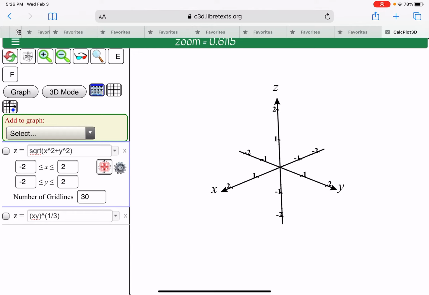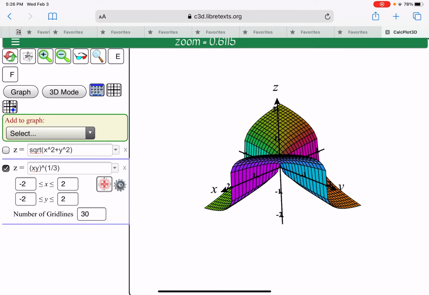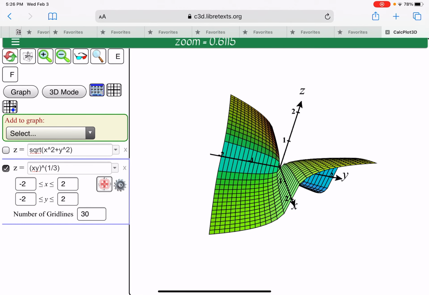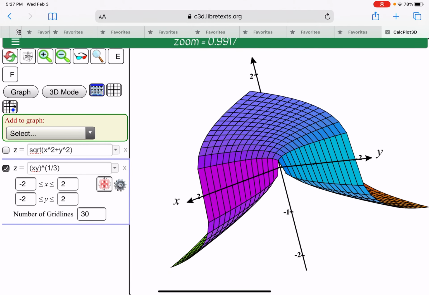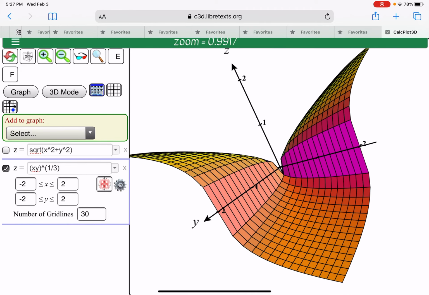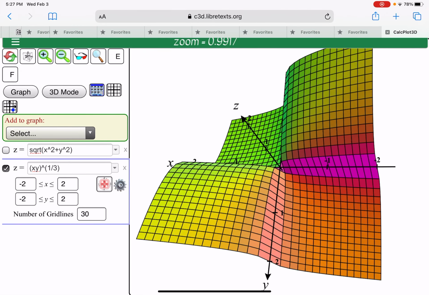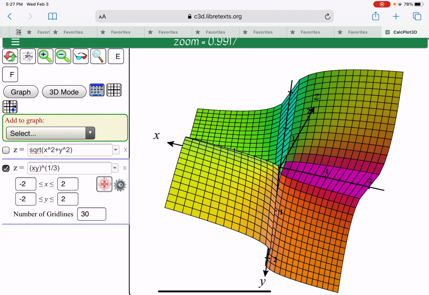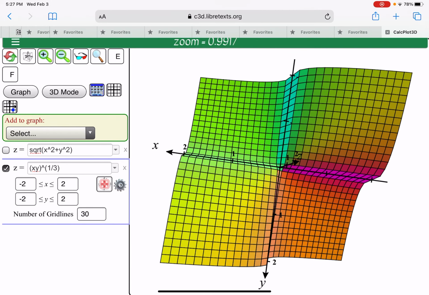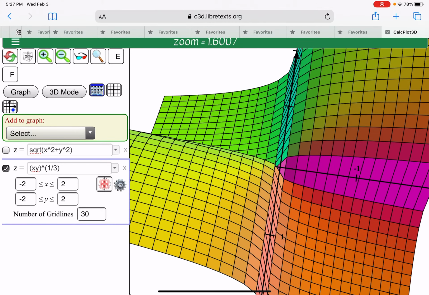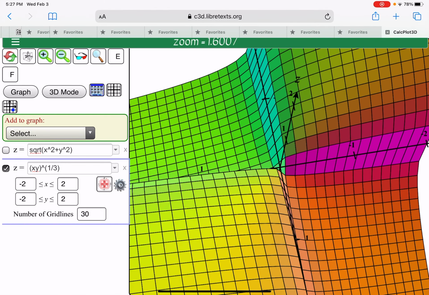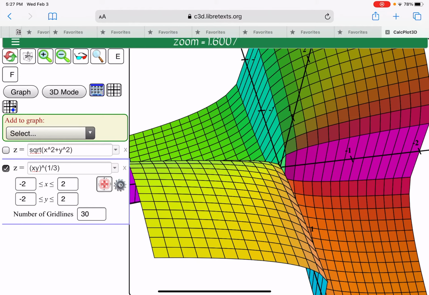Now, if we look at x to the 1/3, y to the 1/3, we zoom in and look around. If you spin this around and look at it, it seems like this surface has some sort of tear right at 0, 0. Here we expect the top to come together from one diagonal and another diagonal, and we expect those to come together at a positive number.